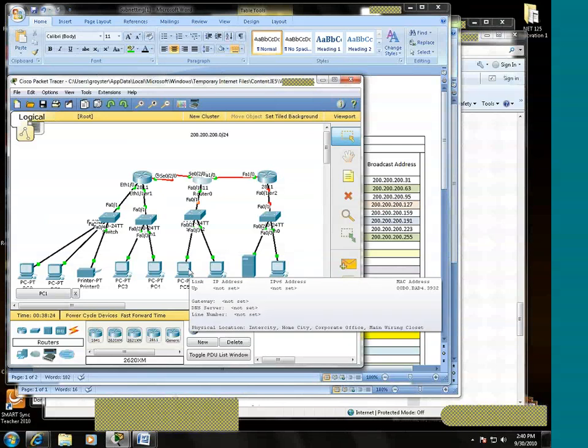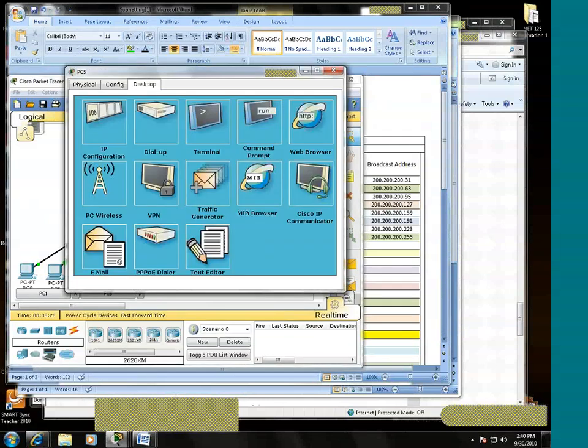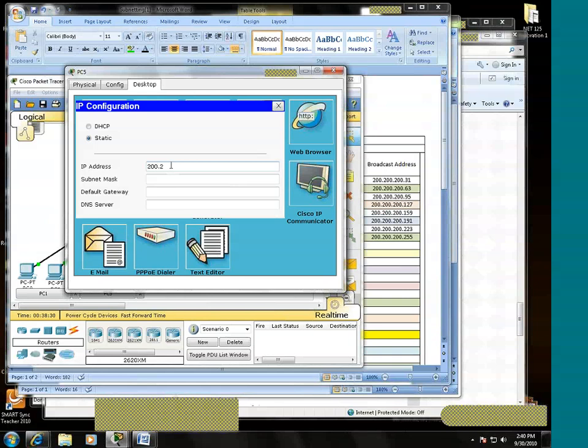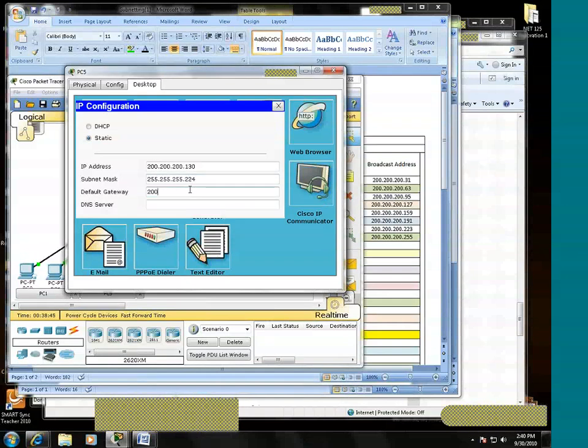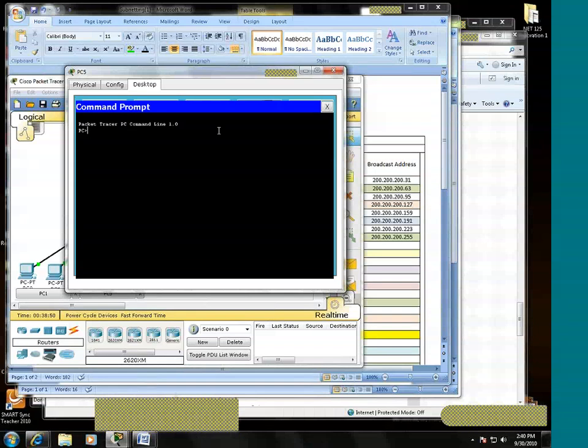Let's configure some PCs. 130, is that okay? Okay. We'll just do a connectivity test. Good to go.